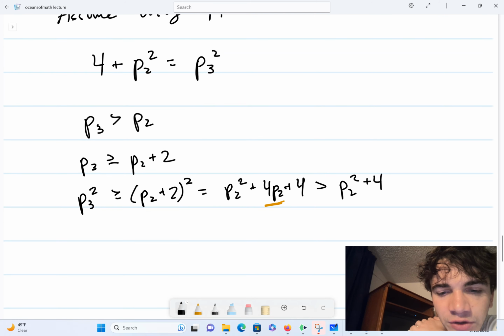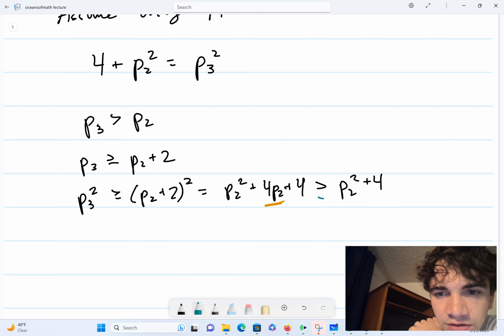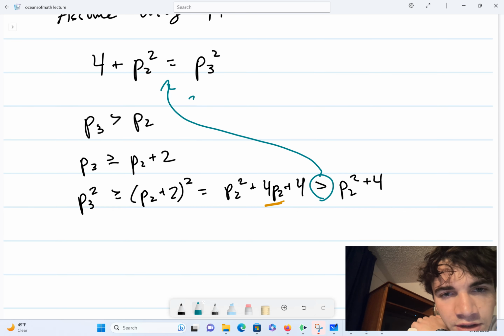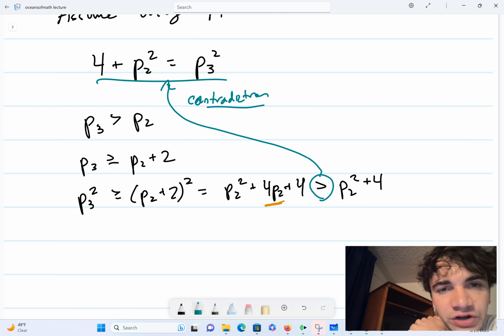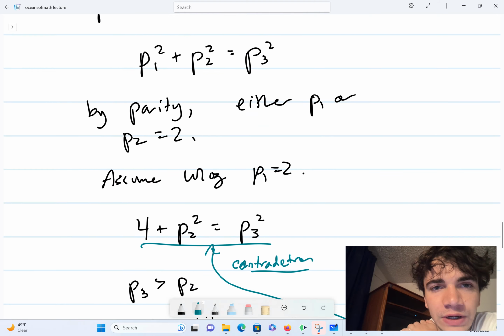And by this strict inequality, we can easily conclude that this equation here cannot hold. This is a contradiction, because we've shown a strict inequality between these two terms. And so that's it. That's the proof.